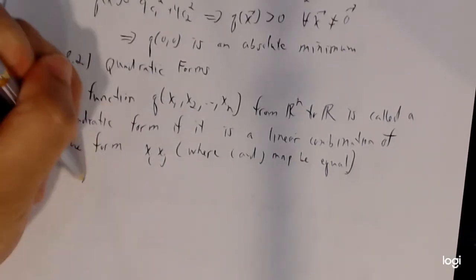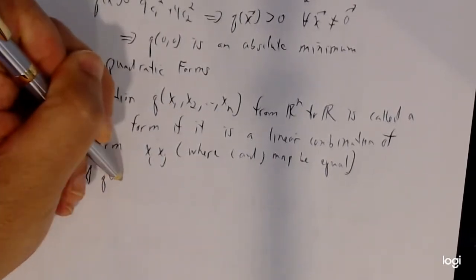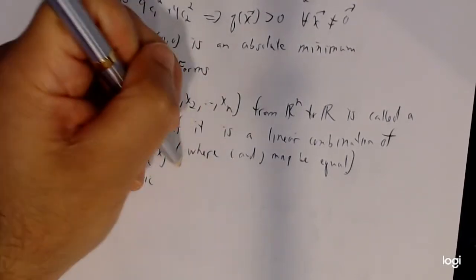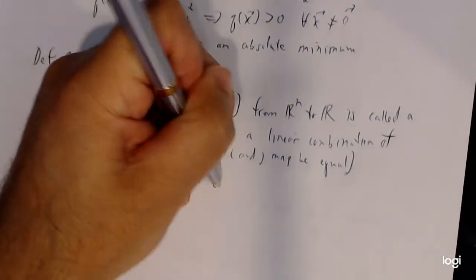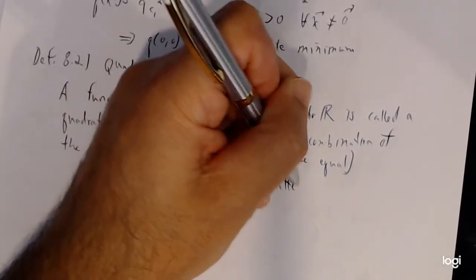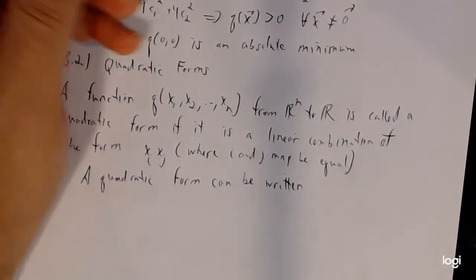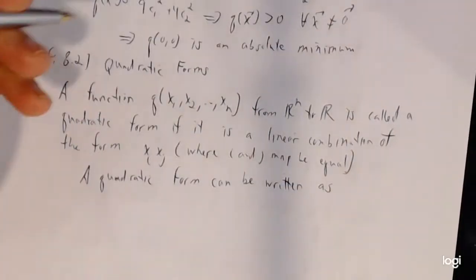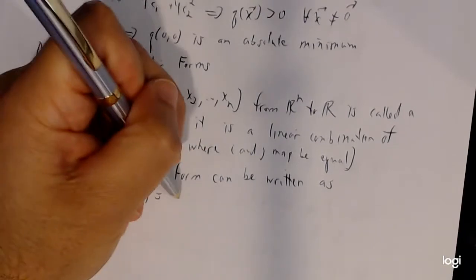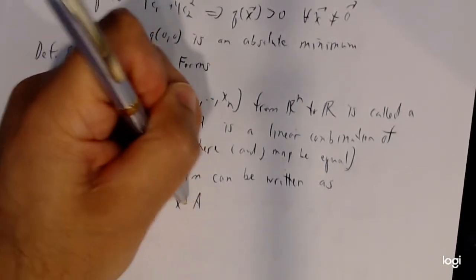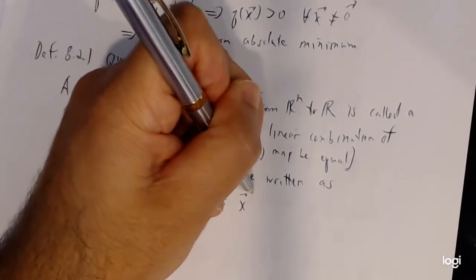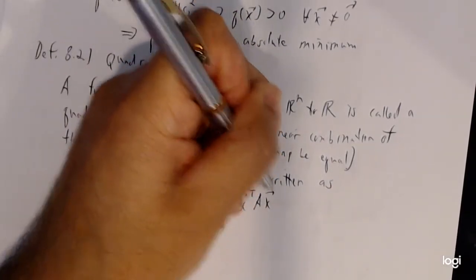So we would then say a quadratic form can be written as Q of x equals x dotted with Ax, or equivalently x transpose multiplied by Ax.